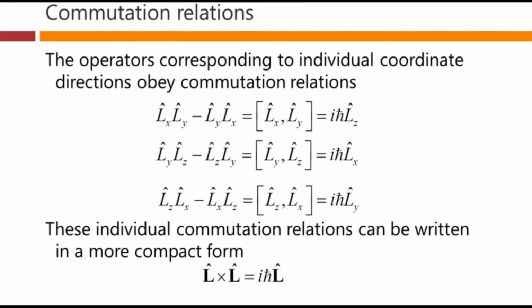Now about commutation relations. Correspondingly for the operator L itself, because it is the sum of the three operators: Lx Ly minus Ly Lx equals i h bar Lz, and Ly Lz minus Lz Ly equals i h bar Lx.